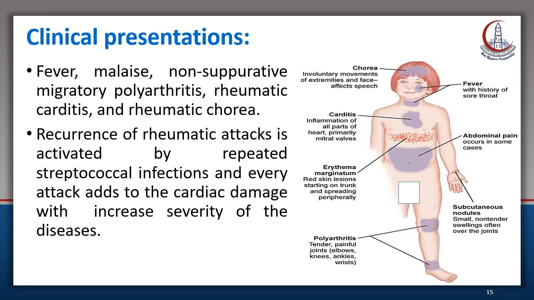Also, one of the main characteristics of rheumatic fever is polyarthritis, which is tender, painful joints. It occurs in the elbow, knee, ankle, and wrist, with carditis, which is inflammation of all parts of the heart, mainly the mitral valve. In some cases, it may be associated with abdominal pain, which is very rare.